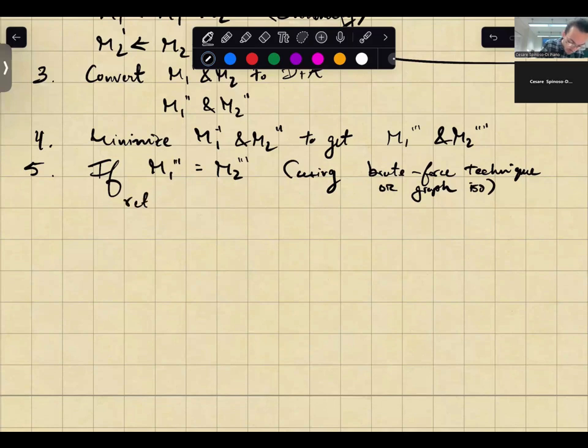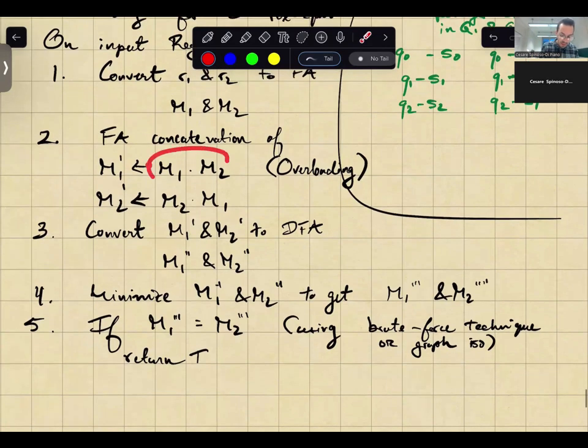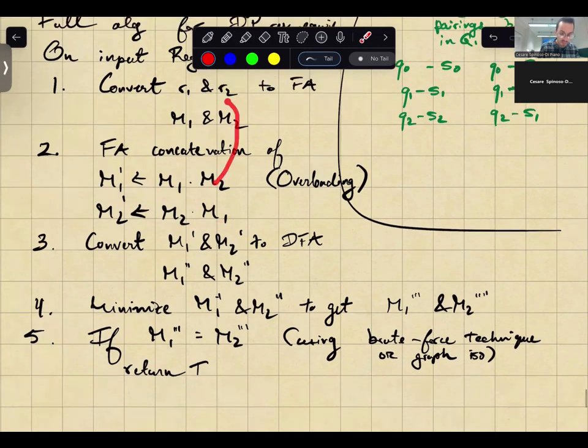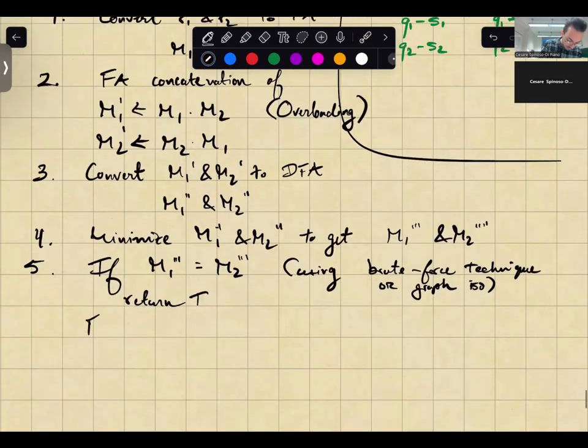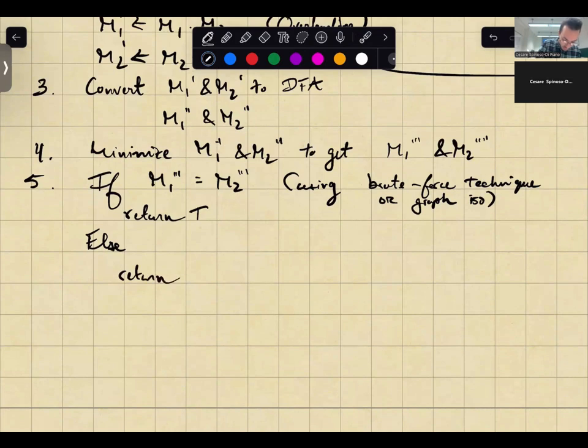Then I return true, because it does mean that the FAs for these two do accept the same language, and so their corresponding initial regular expressions, R1R2 and R2R1, describe the same language. Otherwise, I return false, right?